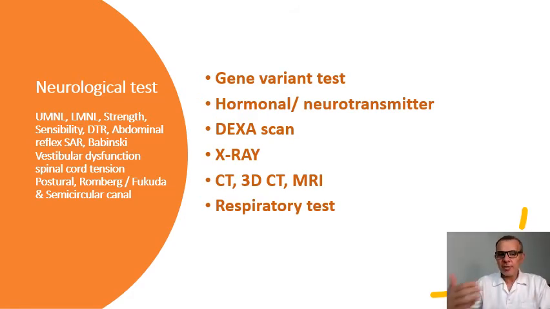Gene variant, hormonal neurotransmitter and DEXA scan is okay to know and to obtain from the patient, but it's not the major thing. The major things are more serious and more critical. I'm not against this, but for me, it comes, as you see here, as number 10 on the list of the diagnosis and the testing.